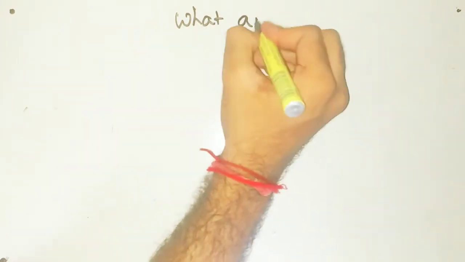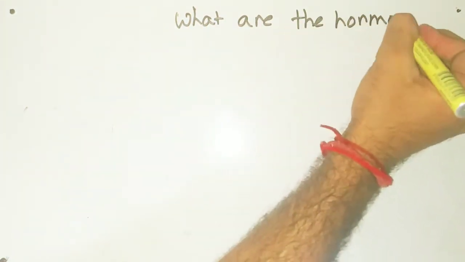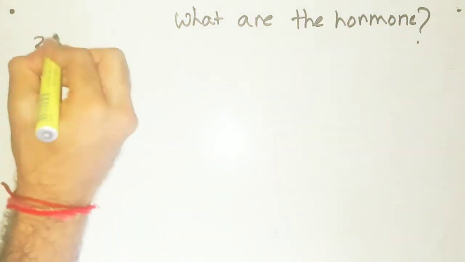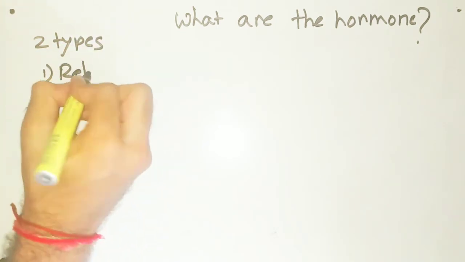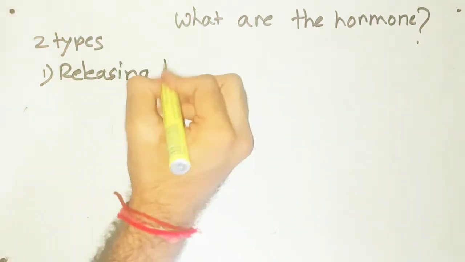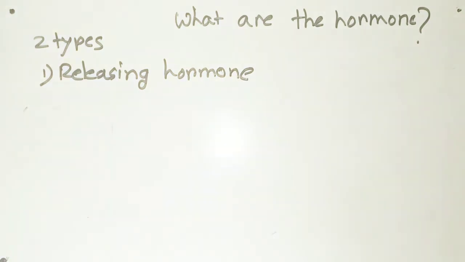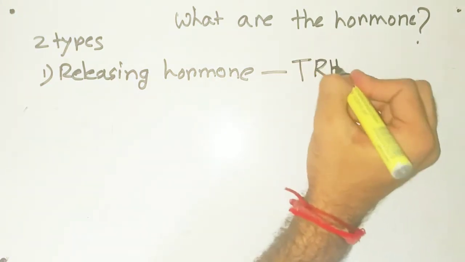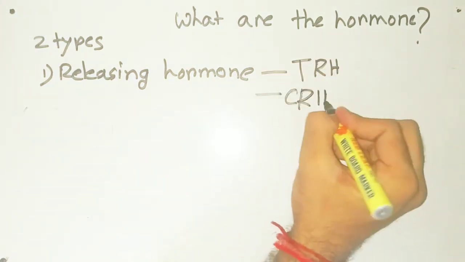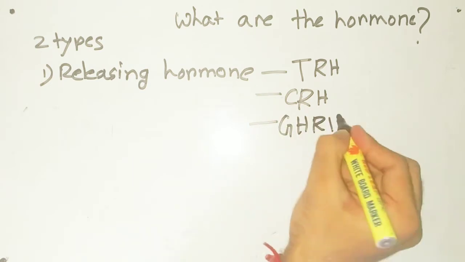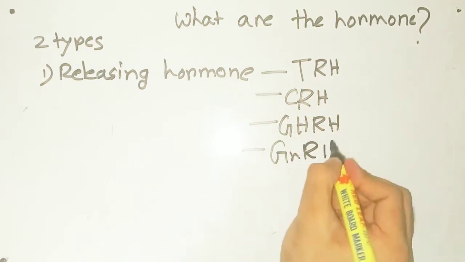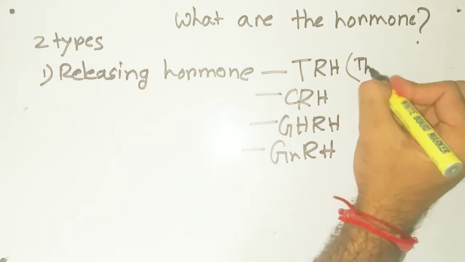Now let us look at the hormones generated from the hypothalamus. There are two types of hormones, releasing hormones and inhibiting hormones. The releasing hormones are TRH, CRH, GHRH and GnRH.